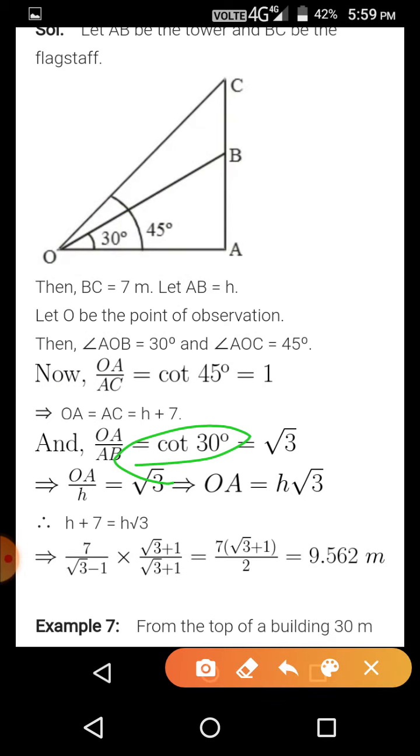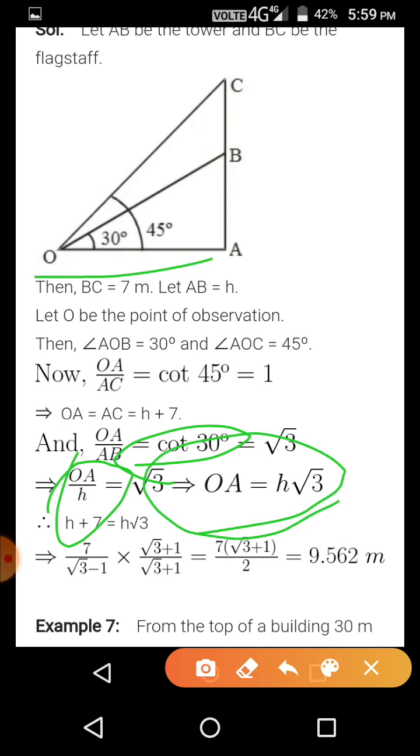Okay, so you will again get OA upon H, the same thing here. OA upon H is root 3, so OA is equal to H root 3. This OA becomes H root 3, and now we also know that OA is equal to H plus 7.